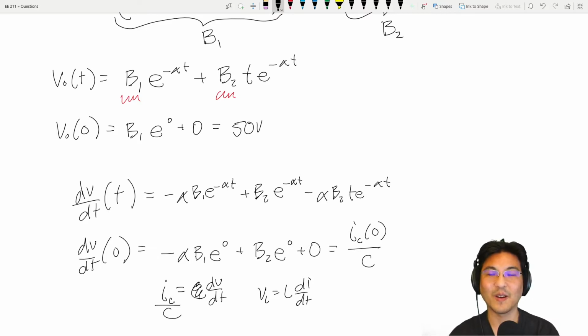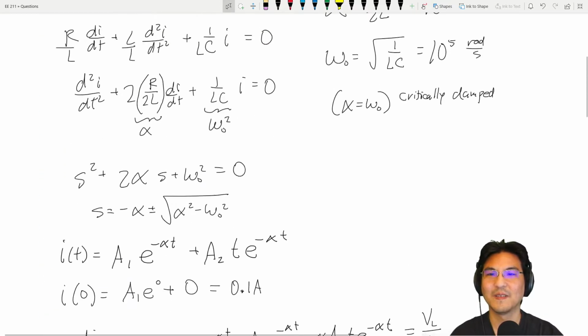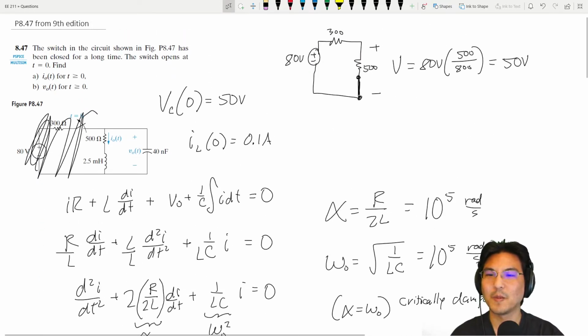Do we know the current going through the capacitor at t equal to 0? We know the current going through the inductor was 0.1. Let's be careful looking at the arrows though.